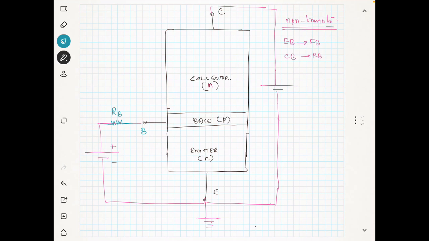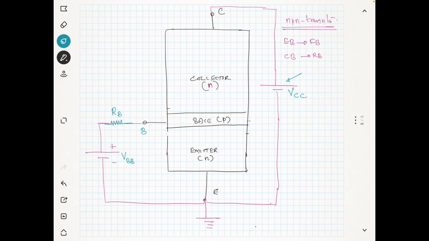Since we are connecting this power supply at the base, we will call it VBB. Since the other power supply is connected at the collector, you can name it VCC. So you have two power supplies, VCC and VBB.